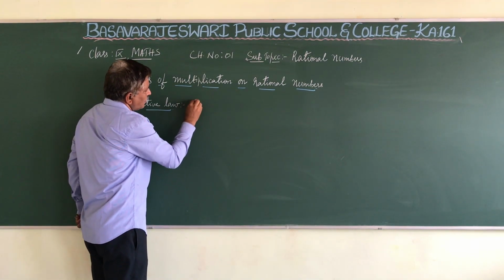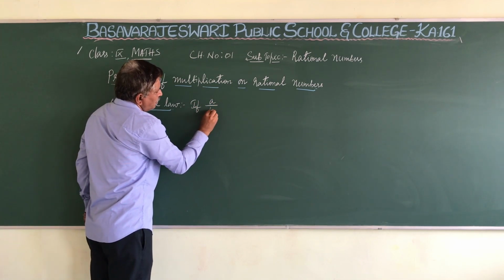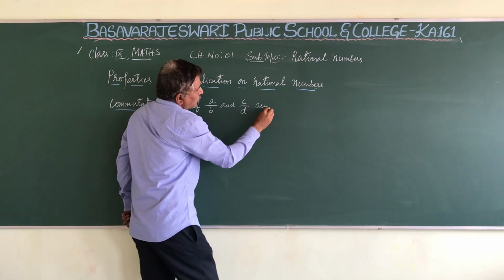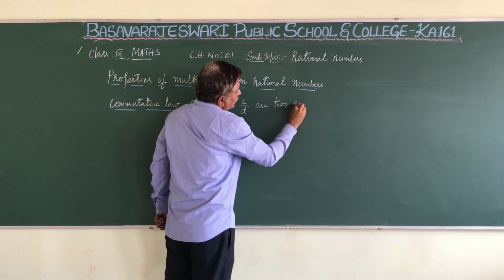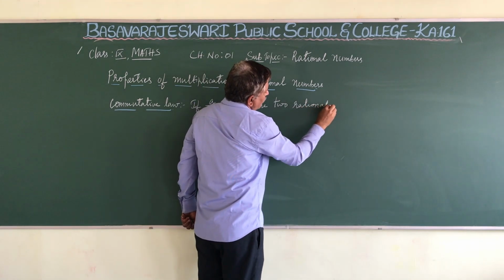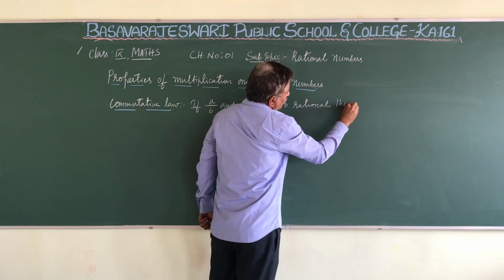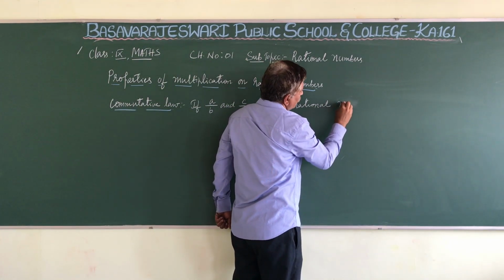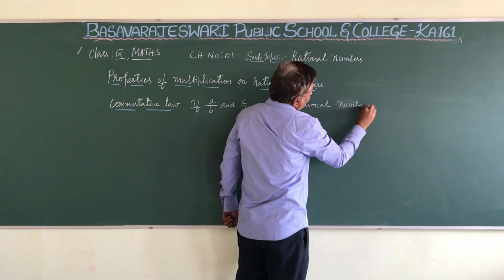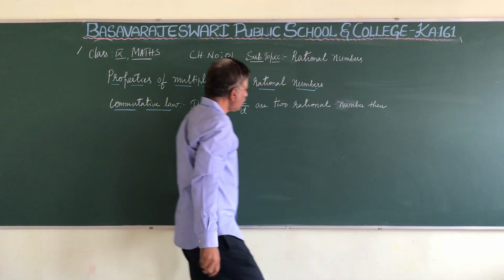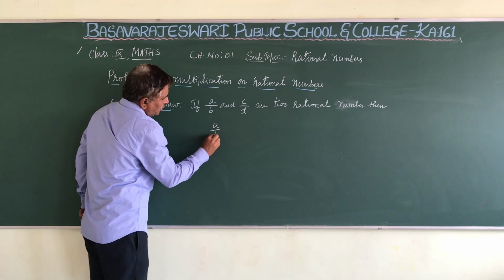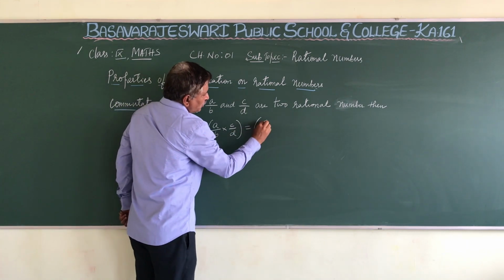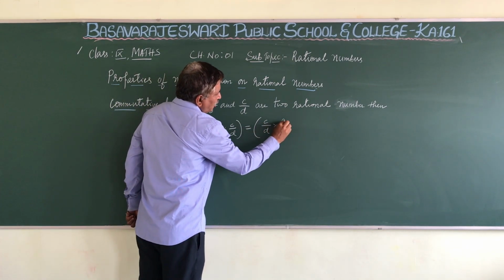If a/b and c/d are two rational numbers, then a/b × c/d is equal to c/d × a/b.